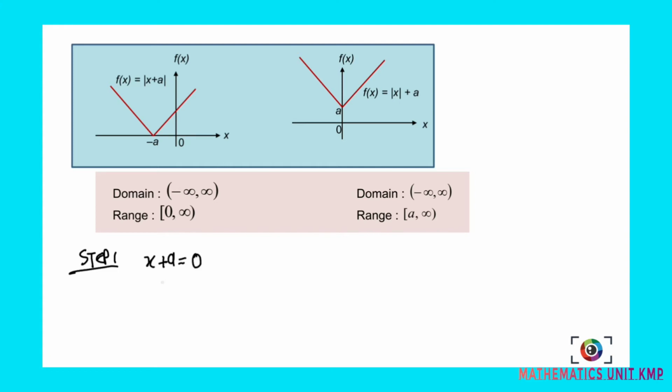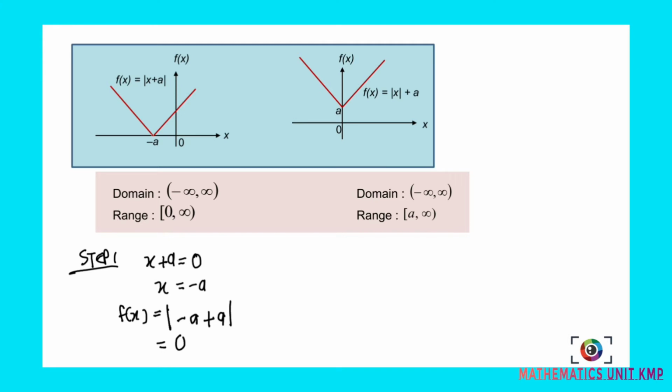0. So x equals negative a. Sub the value back into the function: modulus negative a plus a is 0. So the coordinate of the vertex is (negative a, 0).